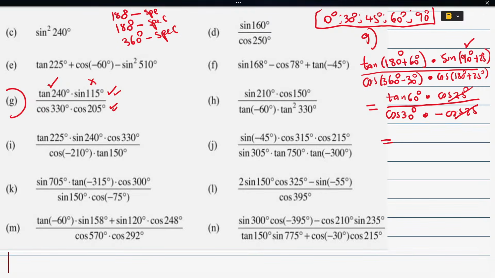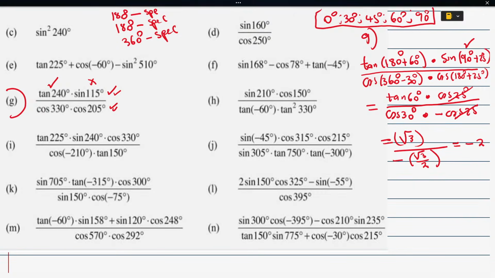Okay? Tan 60 is root 3 because it's 3 over root 3. So you are allowed to say root 3 over negative root 3 over 2. So the answer is negative 2. That is the final answer. The answer is negative 2.